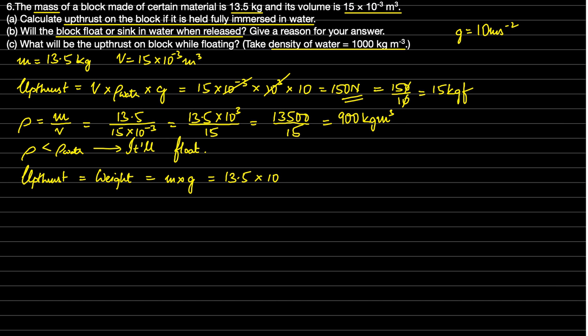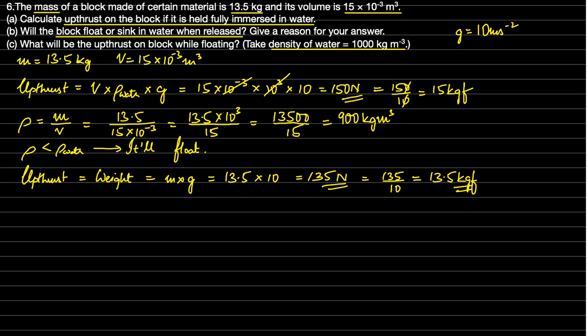So we get this as 135 newtons. So that would be our upthrust on the block while floating. Or if we convert it to kgf, we need to divide it by 10. So 135 divided by 10, so that is 13.5 kgf.